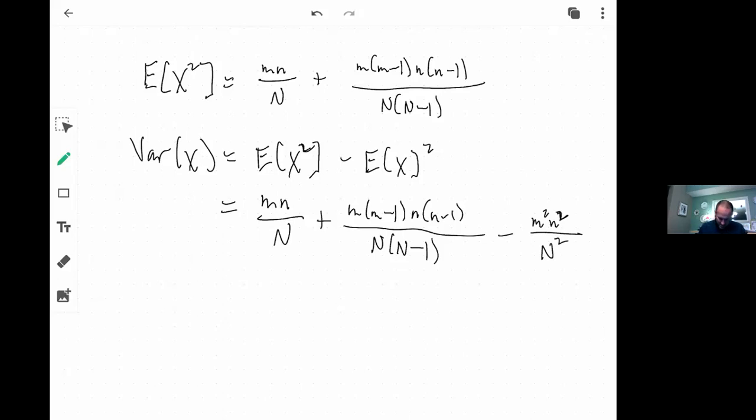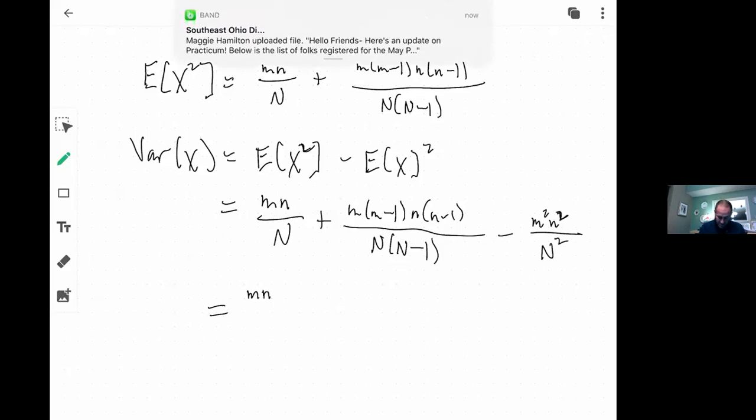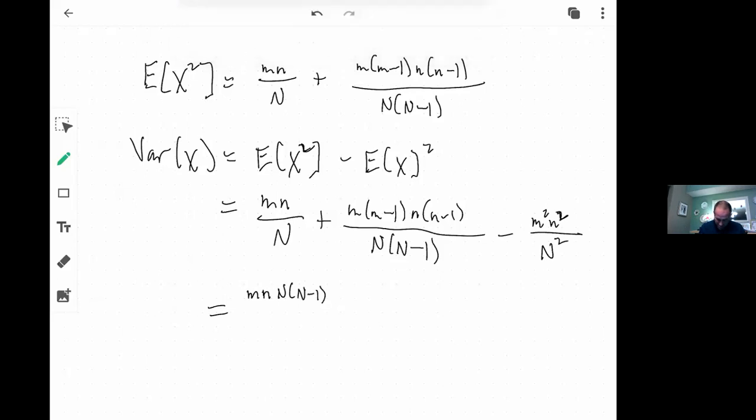So in the end, you end up with sort of a fierce looking formula here. But what am I going to get? Well, it's going to be little m, little n. The common denominator is capital N squared times capital N minus 1. So it's going to be n times n minus 1 plus what? m minus 1 and n minus 1.